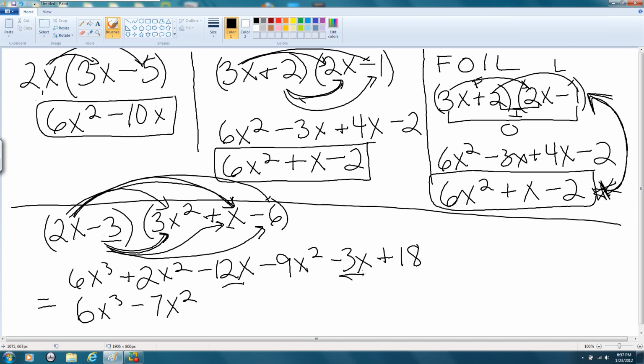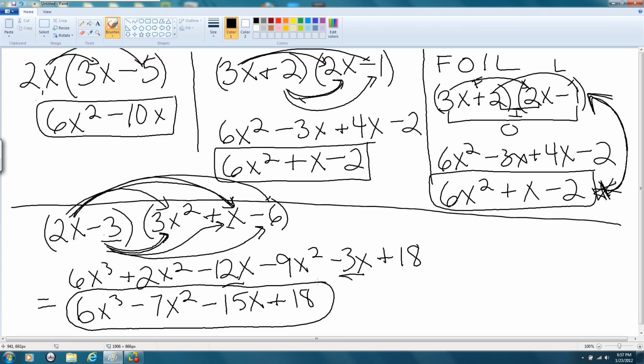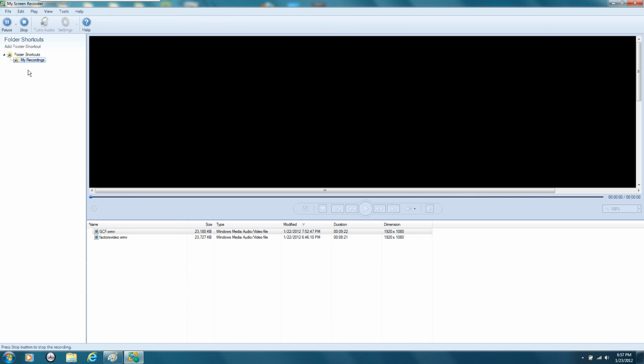So that's minus 15x. And then I just have the plus 18. So my result of that multiplication of that binomial and that trinomial is that right there. And with that, I will stop the video.